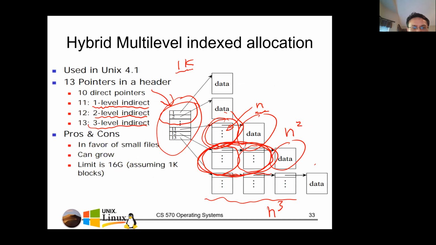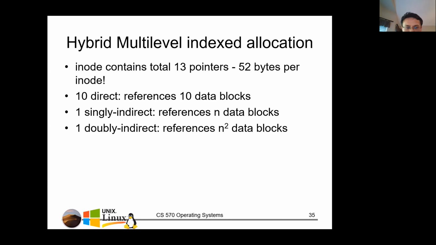So let's say each block is 1K size, and so the first 10 data blocks will give you 10K, right?